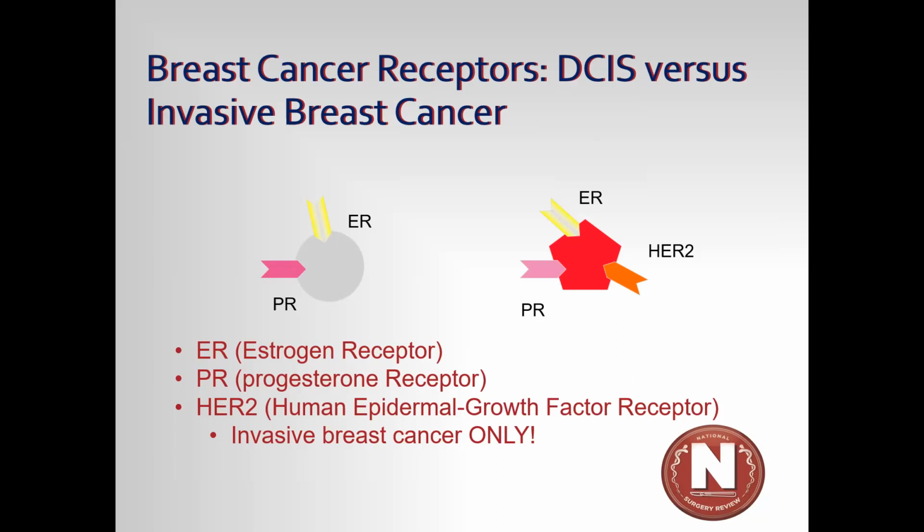A breast cell has estrogen and progesterone receptors, but not the HER2 receptor. So a breast cancer cell that is ER/PR positive and HER2 negative is similar to a regular breast cell, whereas a triple negative breast cancer means that the cancer is growing without the need for hormones.